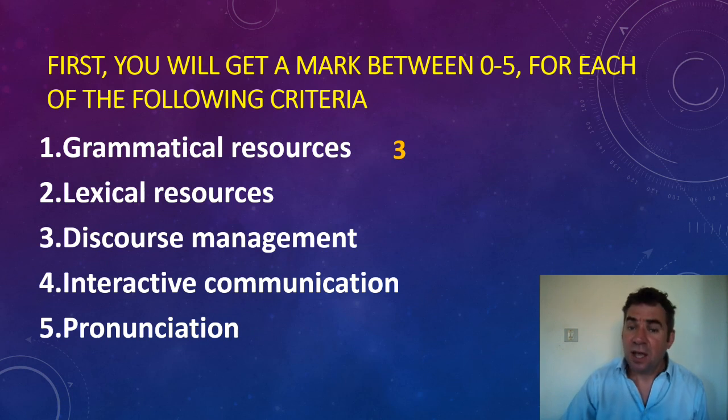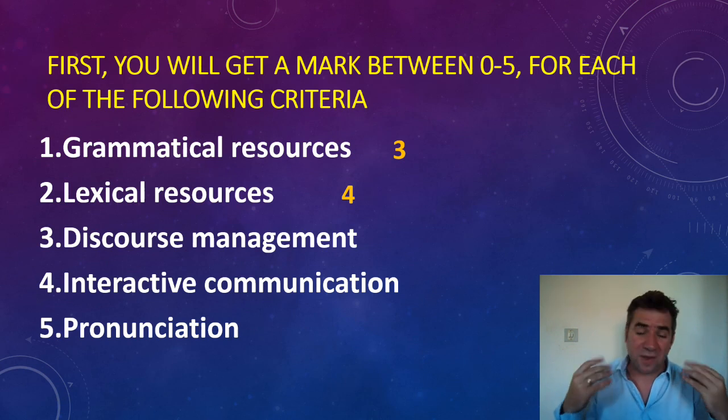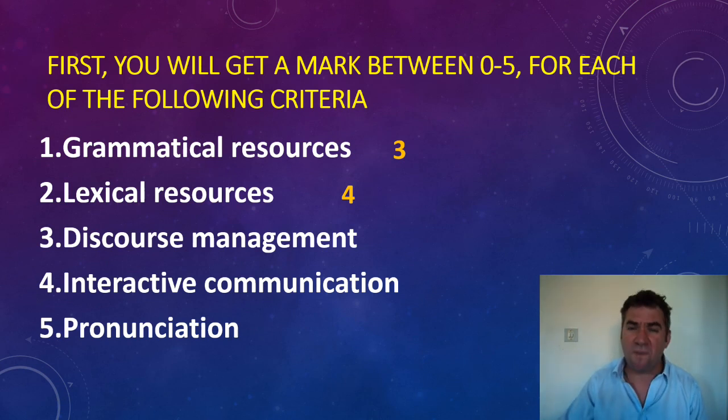So this candidate did quite well. There were some errors there. They didn't mess with his understanding, and he did better than average. So 3 out of 5 here. His lexical resources, he was practically a dictionary. Although it's not really to do with that. He was just using the words in the right way and using a wide variety, so he got high marks here. 4 out of 5. Excellent.